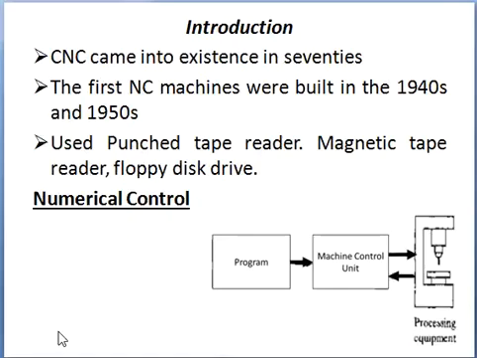Each of these machines comprises certain working components which are in harmony with the machine so that it can produce a particular component or follow the instructions given to it in order to produce a prototyped component.